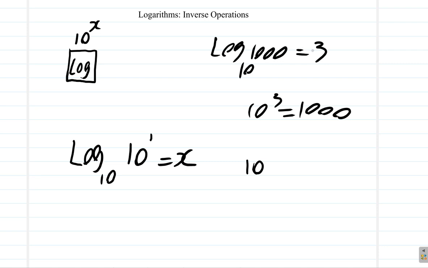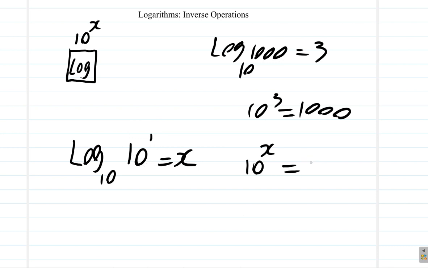Remember, in log form, you have 3 as the answer here. It is the power. Now, in log form, you have x as the answer here. It is the power. The number that you log is 1000, and the answer in index form is 1000. So the number that we're logging is 10 to the 1.